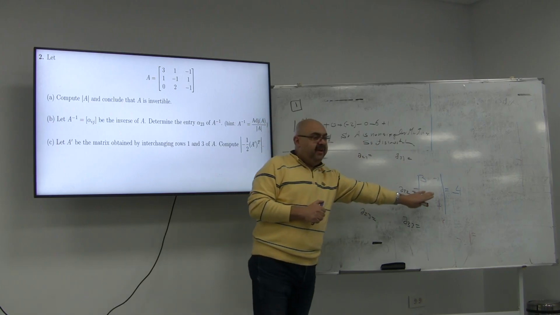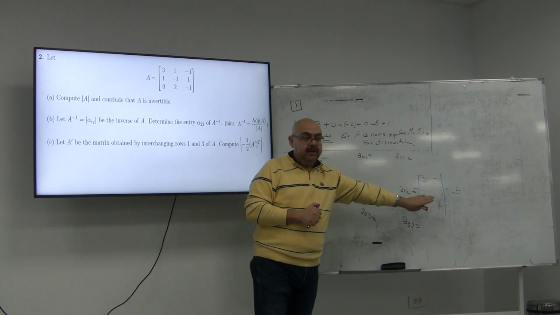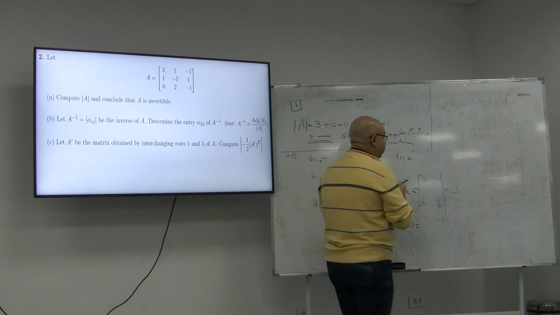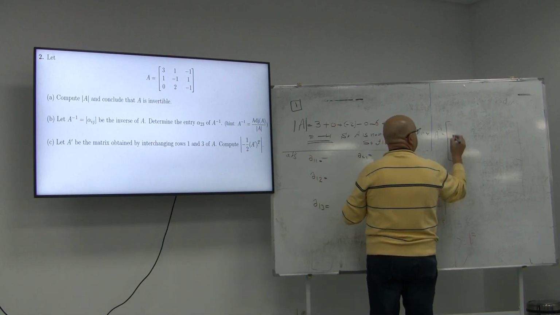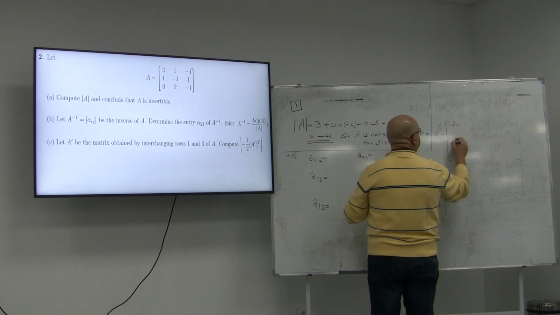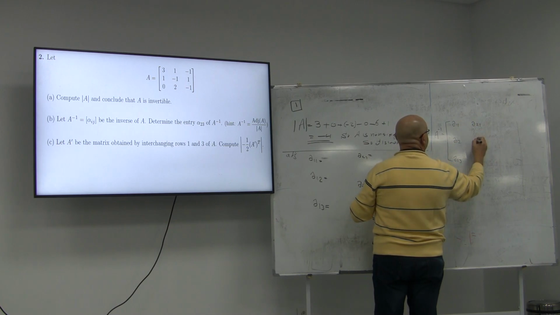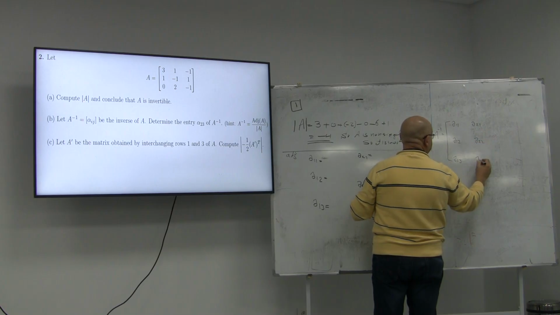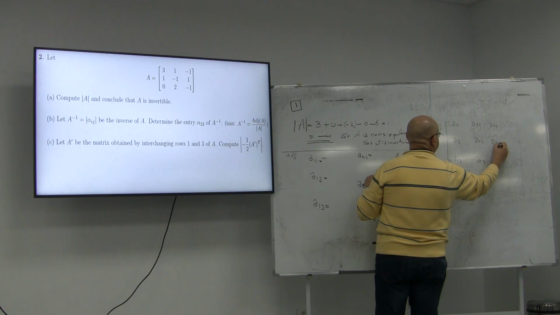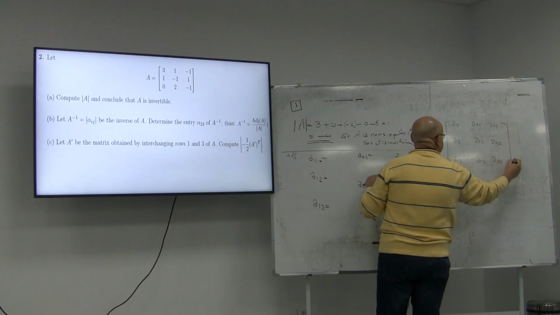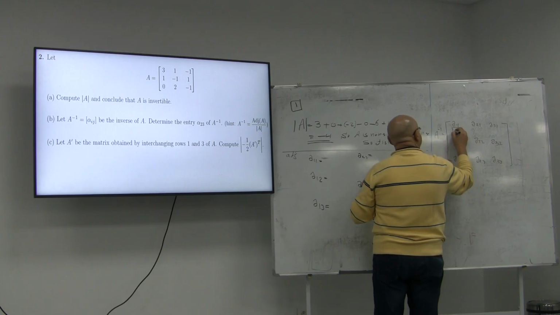Each element will be evaluated exactly the same way. Like if I'm computing A minus 1, the same entries A11, A12, A13, A21, A22, A23, A31, A32, A33, that's A minus 1, but each element is divided by the value of the determinant.